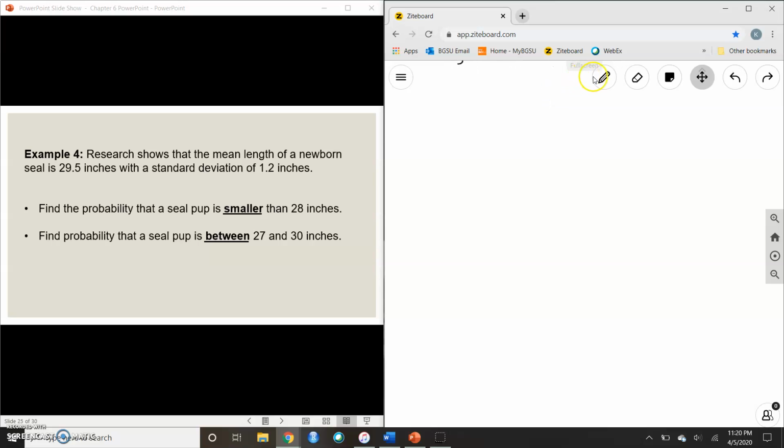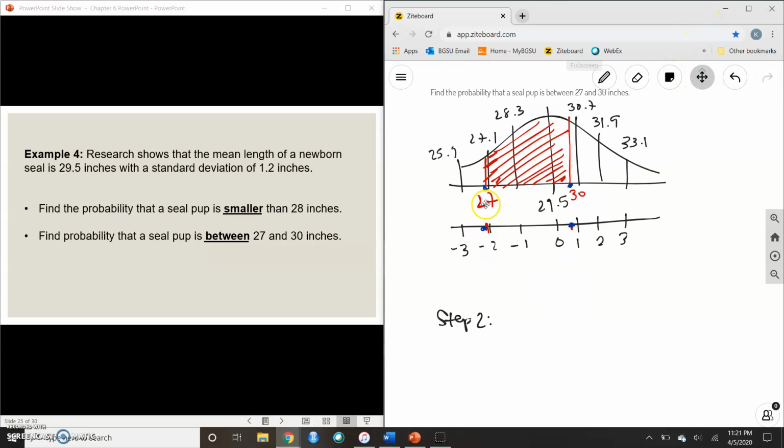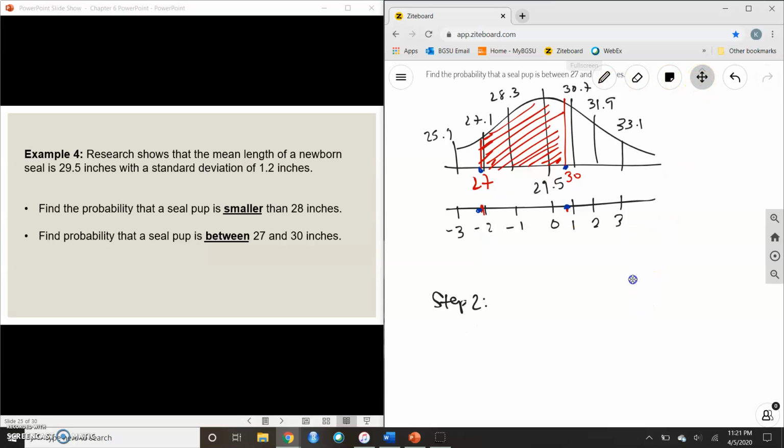Step 2 is making the z-score transformation. But as we have seen from the curve, we have two data values, and we also have two z-scores. So this step is going to require more work than the previous lower tail example.